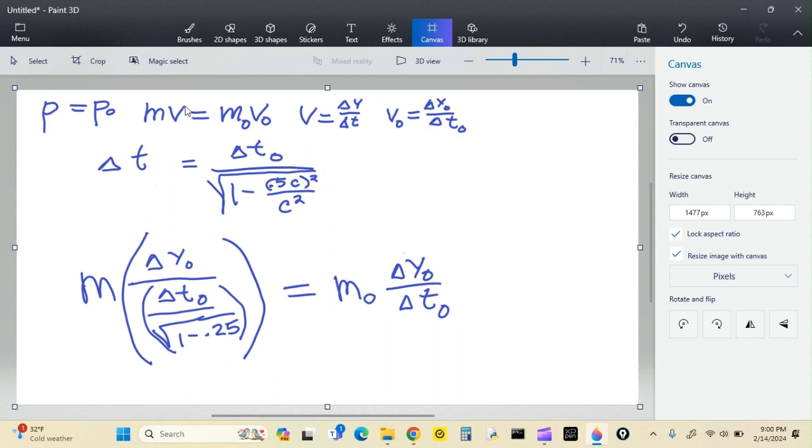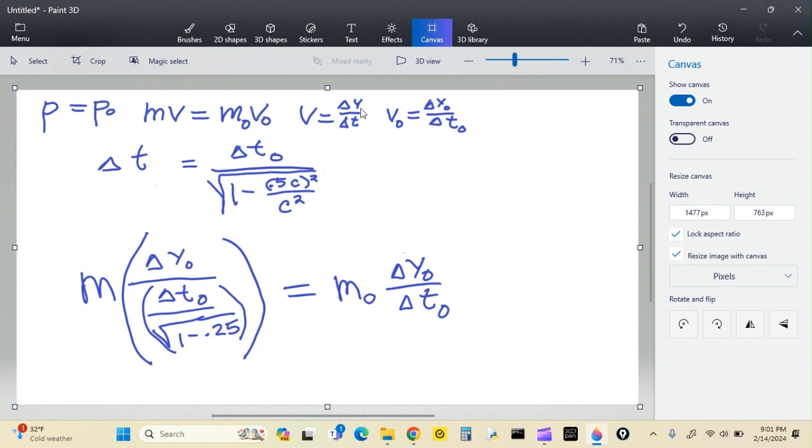Now, let's take the easy part first. The velocity that red man sees is delta y over delta t, and the velocity that green man sees is delta y sub 0 over delta t sub 0. These are the rest values that green man sees.